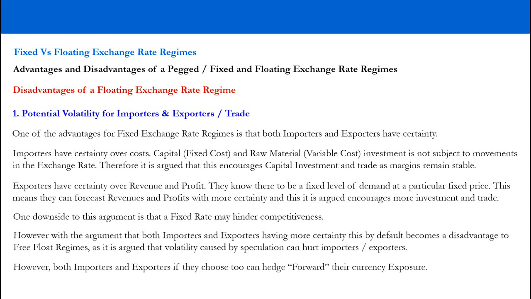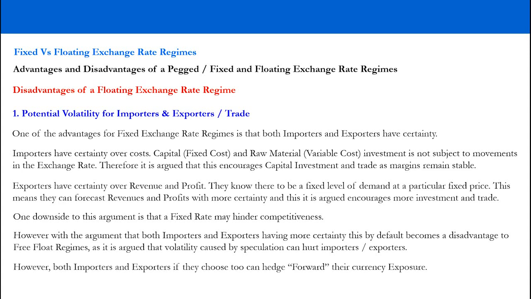So now we're going to look at the disadvantages of floating, or the advantages for fixed. And the main argued advantage for fixed exchange rate regimes is the elimination of volatility for importers and exporters in the terms of trade.